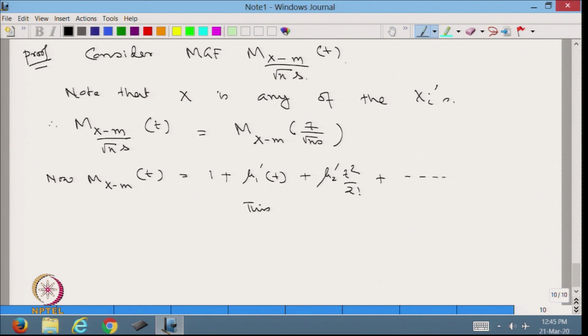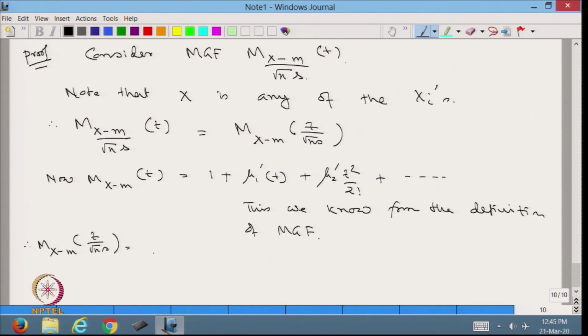This we know from the definition of moment generating function.